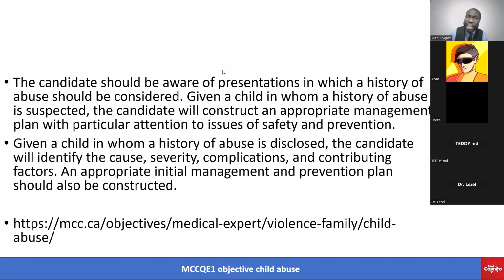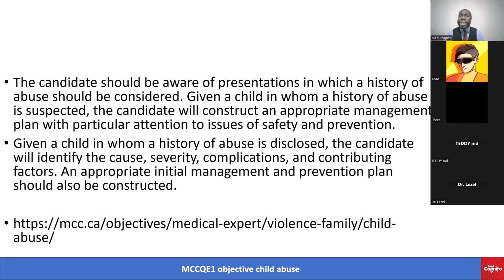It says, given a child in whom a history of abuse is suspected, the candidate will construct an appropriate management plan with particular attention to issues of safety and prevention. So when you are learning child abuse, one other thing you have to pay attention to is the management plan. Should I report or should I not report?